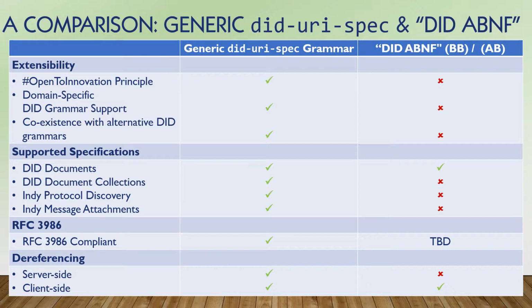So we're going to show in some subsequent slides here, and how I explained in the executive summary, how these high-level, more descriptive did-uri-spec URIs can be compiled down level and implemented using did ABNF grammar URLs.